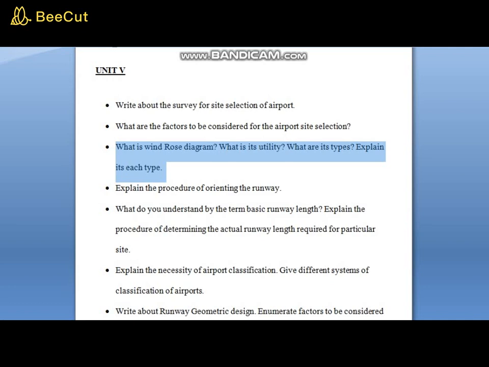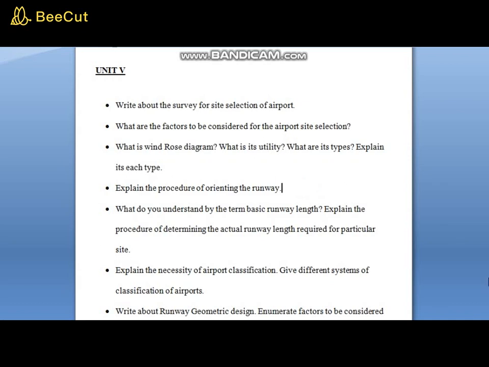But for 10 marks, I can expect this question for 10 or 5 marks. So in that scenario, the whole question can be asked in this manner: what is Windrose diagram? What is its utility? What are its types? Explain each type.